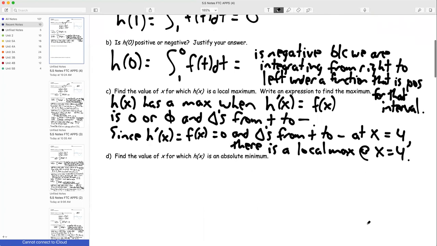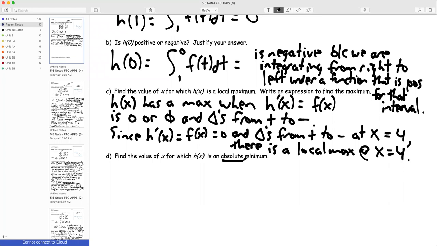Okay, so part D says find the value of x for which h of x is an absolute minimum. So in this case, I want to find the very lowest value, and we can have a minimum either at the critical points or at the endpoints.